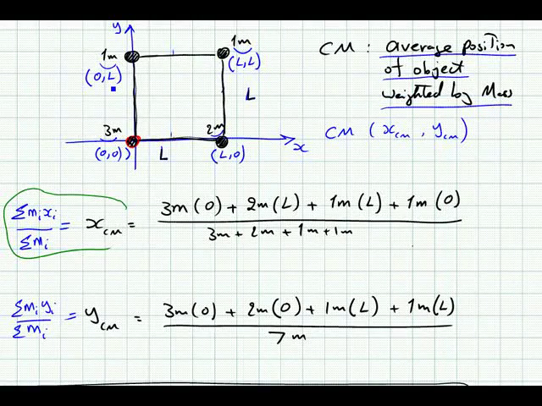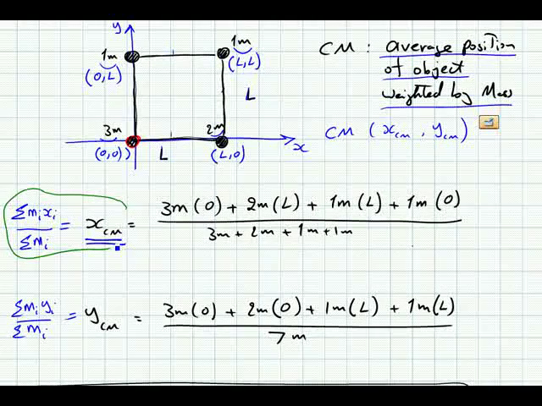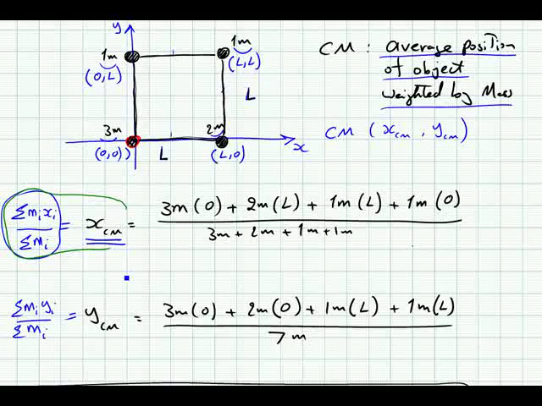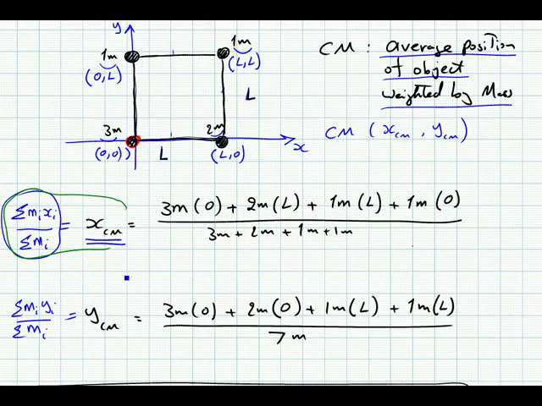Having written the coordinates for each mass, the x coordinate for the center of mass is given by this mathematical function here, which is the sum of each mass multiplied by its x coordinate, divided by the sum of all the masses. So you go around one by one.